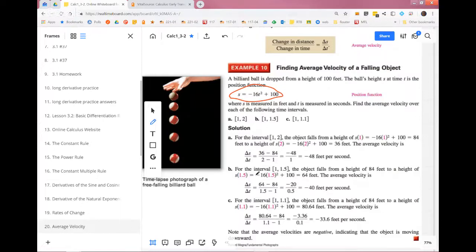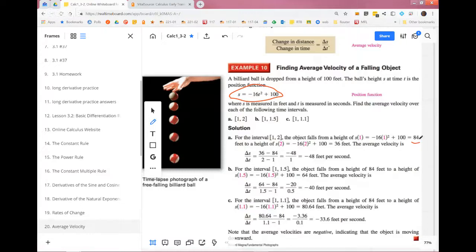So A is saying from x equals 1 to x equals 2. That's an interval, not an ordered pair. Notice the square brackets there. So at 1, what's its height? What is S of 1? Turns out to be 84. So after 1 second, that's the height of the ball.